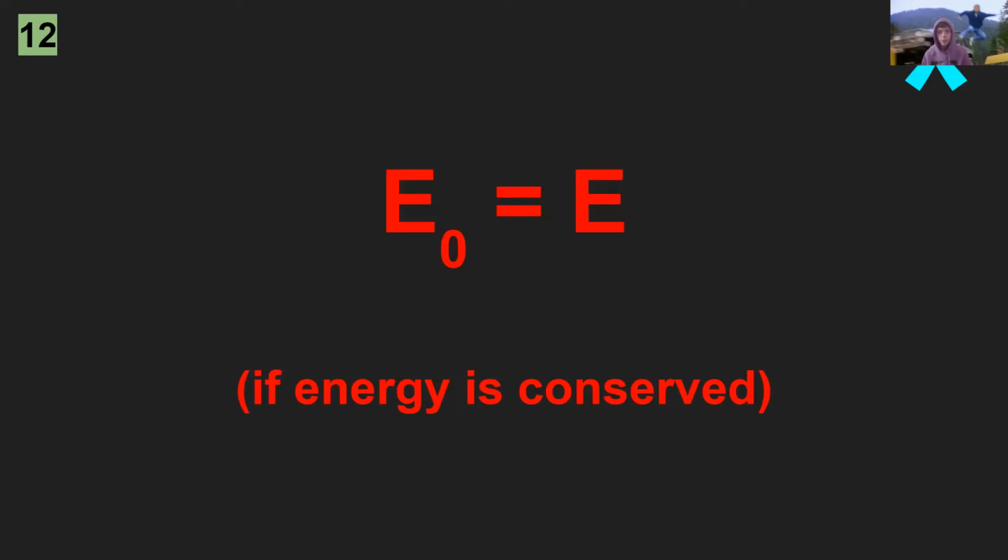Not saying that I know the exam or anything, but this is not always something that you can use if energy isn't conserved. Well, no, that's not necessarily true. What I meant is that the initial kinetic energy might not equal the final kinetic energy.